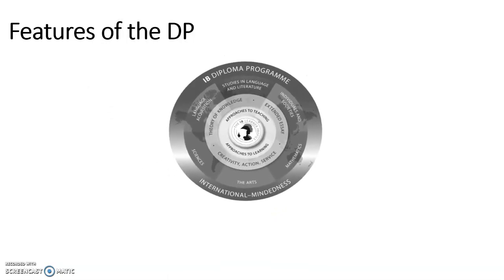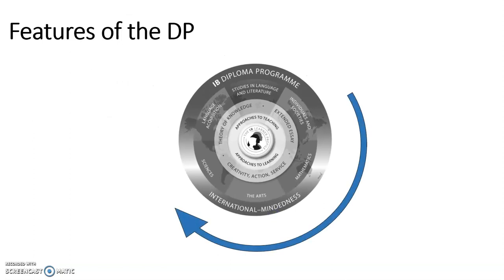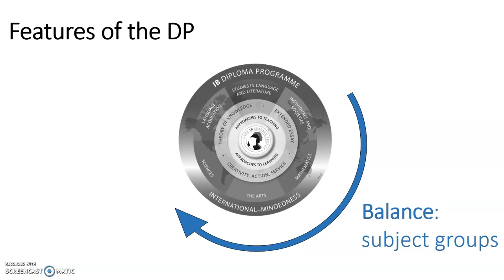So first of all, if we consider the balance that is necessary in your diploma studies, it's important that you study a range of courses from different groups. So you can't focus on all of the sciences and drop all the languages. You can't focus on all the arts and drop all the humanities. All of these things have to be taken in balance, and that's why the subject groups exist in the diploma program.